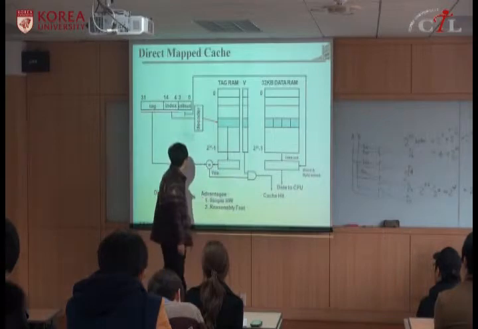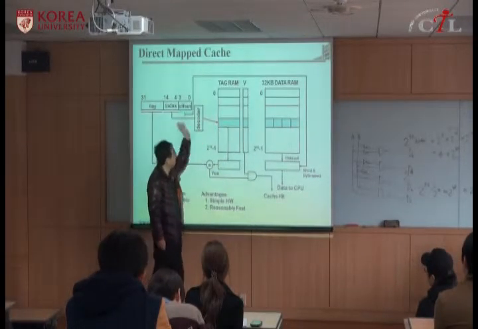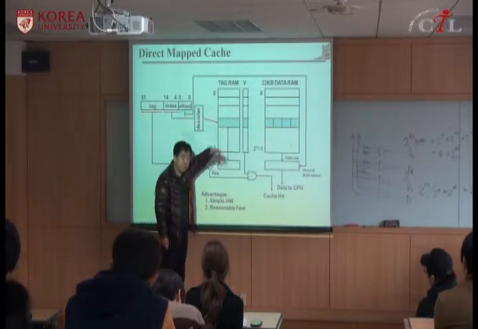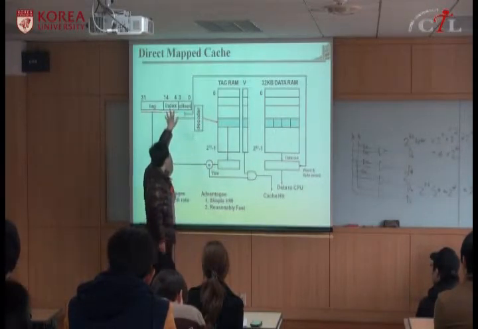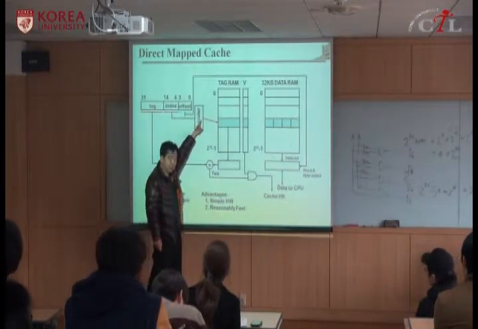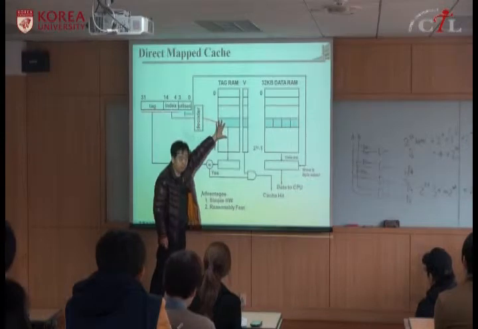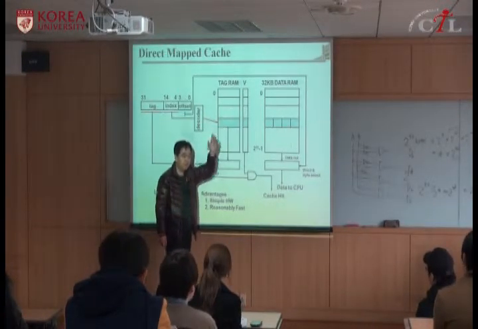But direct mapped cache, what you do is you first extract your index. Before you compare, you should identify which tag you have to compare, right? So you extract the index and go through the decoder. This takes time, decoding time. After decode, you compare, right? So the previous one, just one compare.